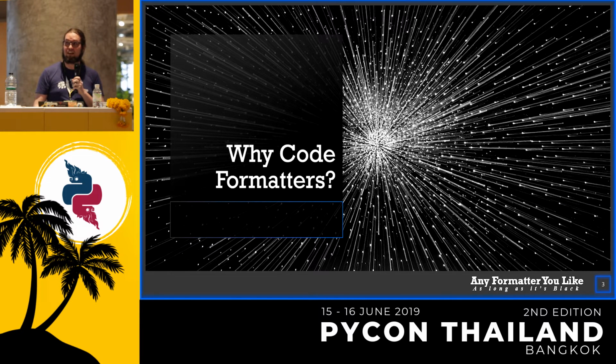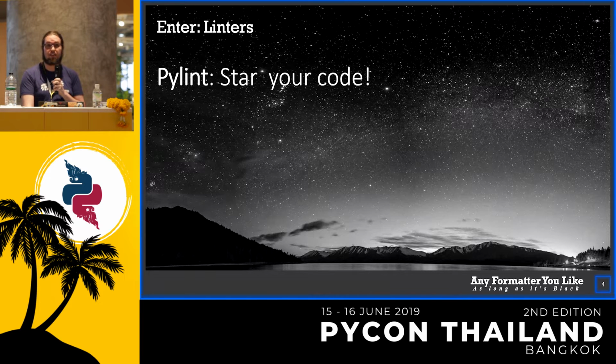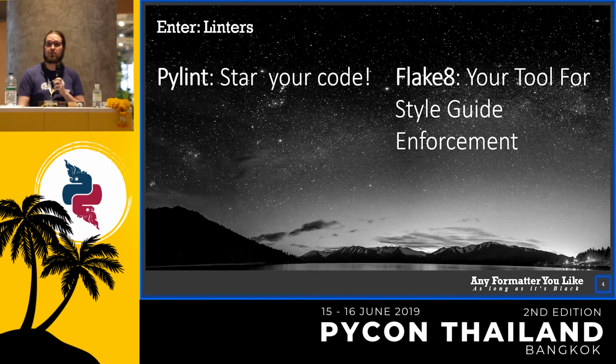So this is why you should use code formatters. People figured out, okay, people write different styles, so let's use linters, which is an already existing technology. Linters are good for catching code anti-patterns and localized problems and informing developers about them. And you can think of code style violations as code anti-patterns: if you write code that's not in the desired code style, then it's an anti-pattern. So you can use linters like pylint or flake8 to detect these problems.